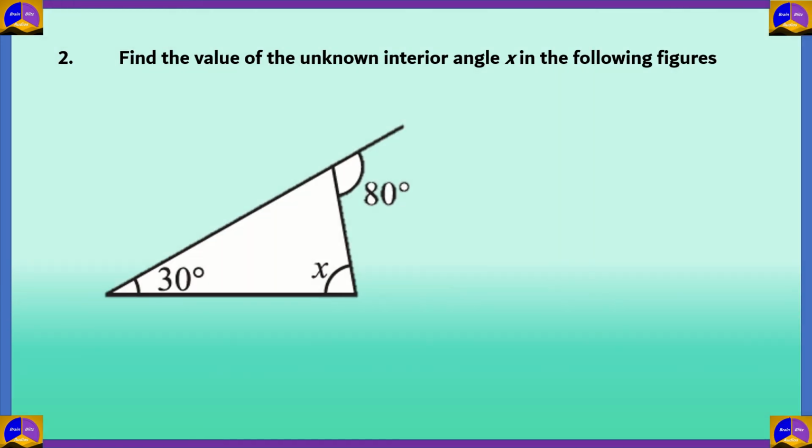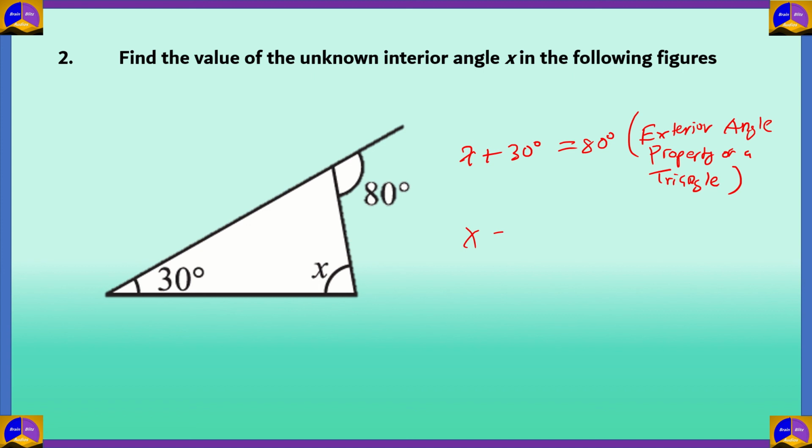Let's move on to the next question. In this question, 80 degrees is the exterior angle, while 30 degrees and x are the opposite interior angles. So x plus 30 degrees is equal to 80 degrees. Reason: exterior angle property of a triangle.